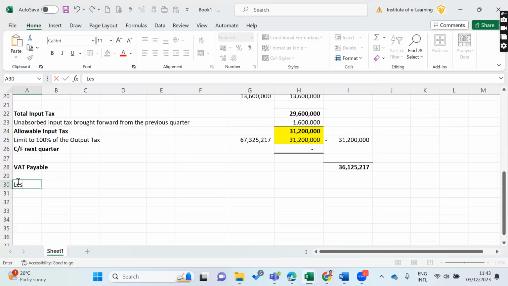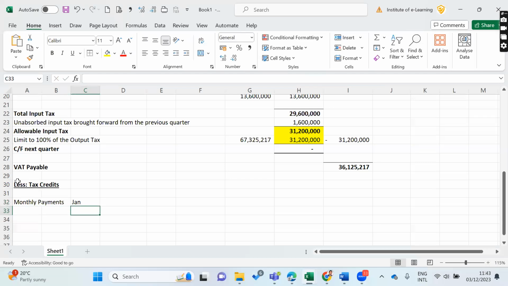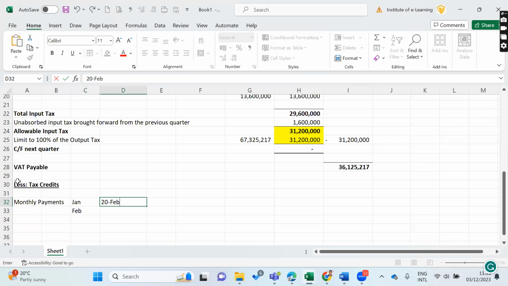Then you can deduct tax credits, simply as we have income tax credits. What are the credits? Monthly payments. For this quarter, we have 2 months before the final payment, the January payment and the February payment. The January month payment was due on 20th February 2023, and the February month payment was due on 20th March 2023.